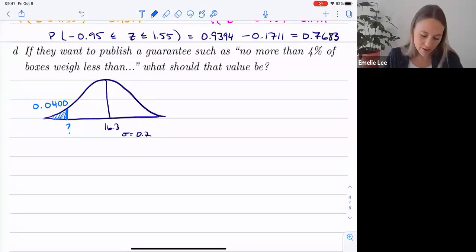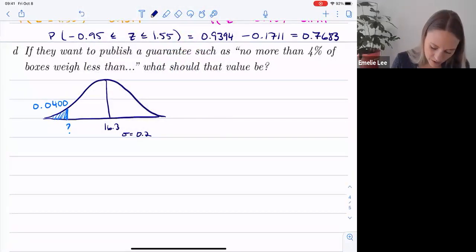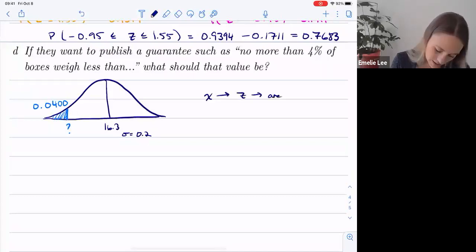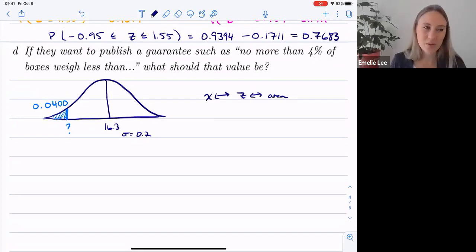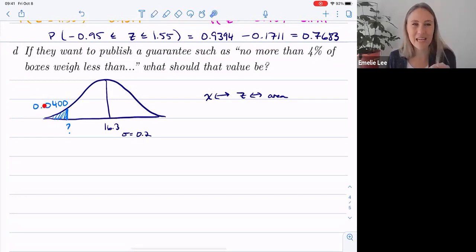Okay. Remember, you're always going from an X to a Z to an area, or from an area to a Z to an X. So now what we're going to do is scan the table for the area closest to 0.04, being really careful that you have the proper number of zeros.